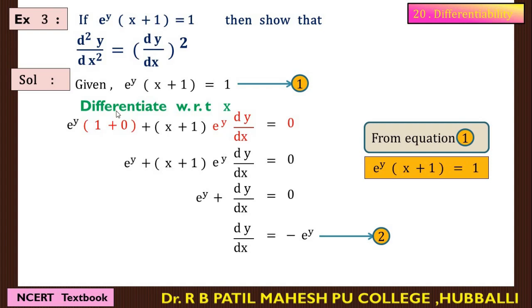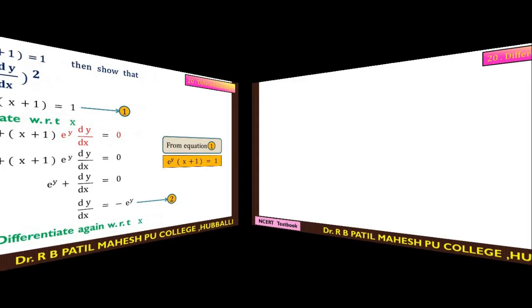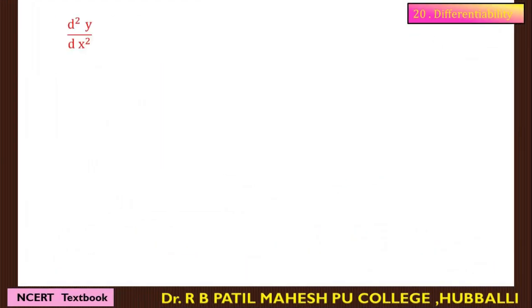So now I differentiate this second equation with respect to x. We get d square y by dx square on the left side, and on the right side minus as it is, and the derivative of the function e raised to y is e raised to y into dy by dx.